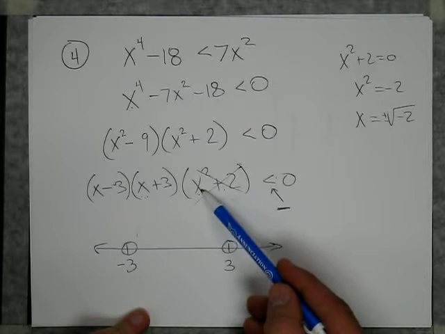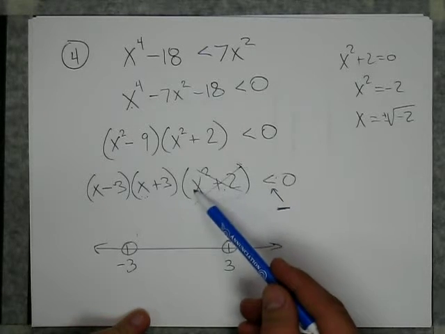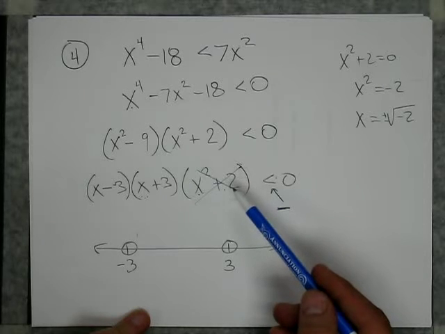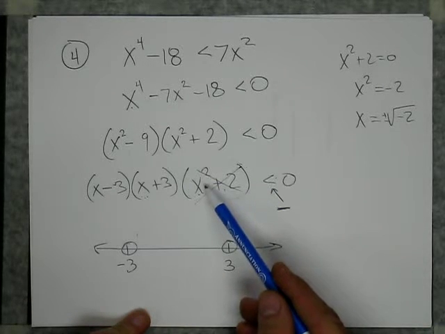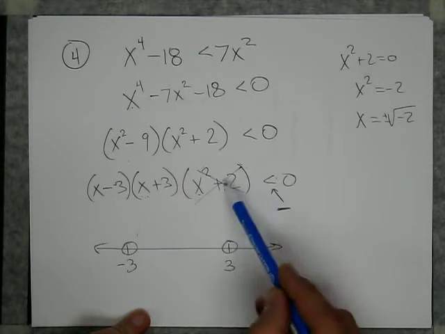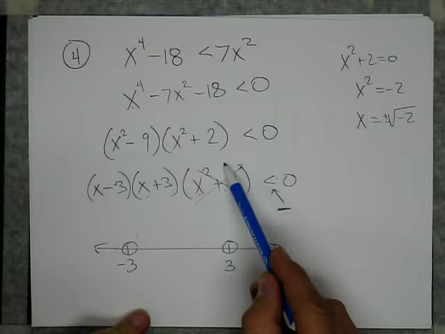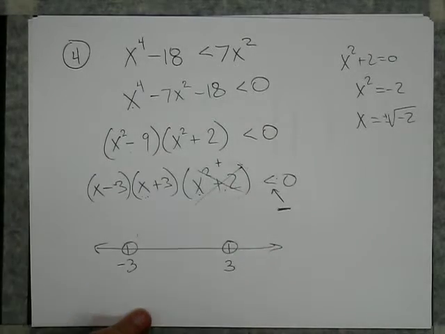If you plugged in 0, 0 squared is 0, you get a 2 out, left with a 2, which is positive. If you plug in 5, 5 squared is 25, right? And so in which case 25 plus 2 is 27, it's positive. You can plug in negative 4, negative 1. This will always turn out to be a positive. That's why we can say, well, a positive, that's always positive. If you need to, you can put a little note there, but it's not going to change anything for us.